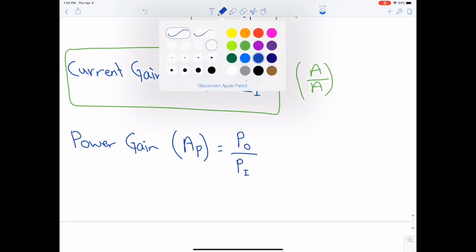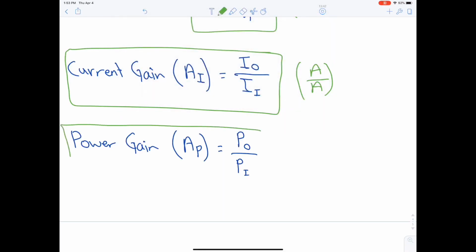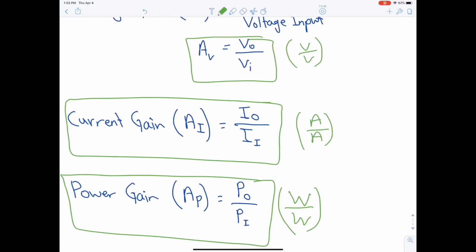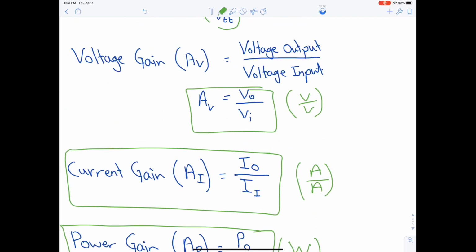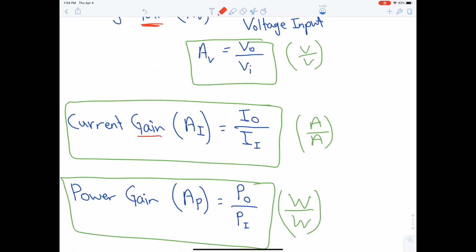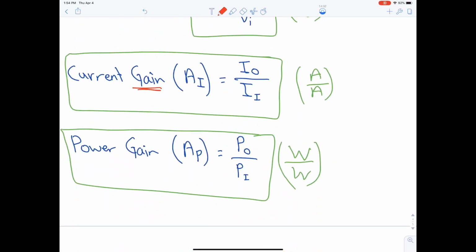What's the unit of the power gain? It's watt over watt. Whenever we say the word gain, the actual equation is output divided by input: voltage gain, V output over V input; current gain, I output over I input; power gain, P output over P input.